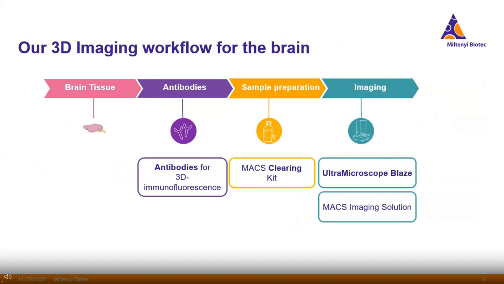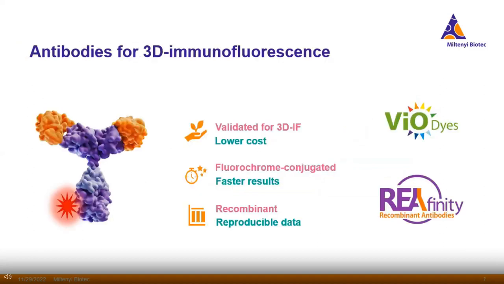But more important for today is our imaging workflow, where we have a set of antibodies, a clearing kit, and a nice microscope that I will explain further in the next slides, which work hand in hand and make this approach to study the brain in 3D easier.